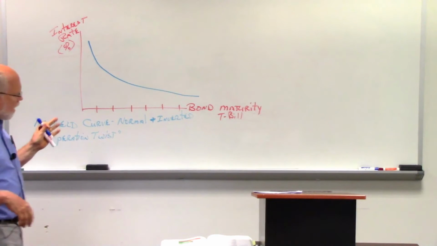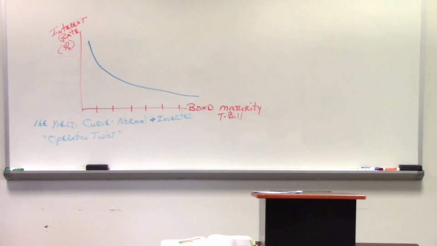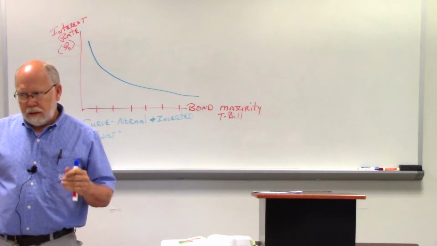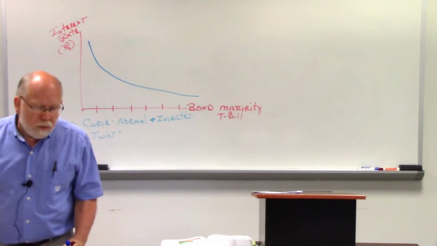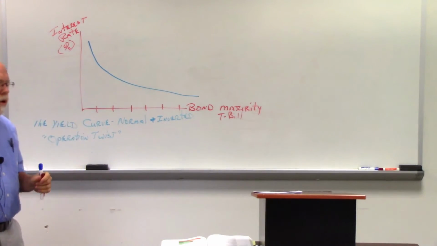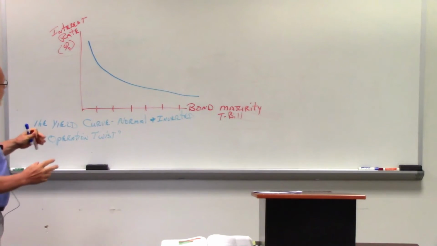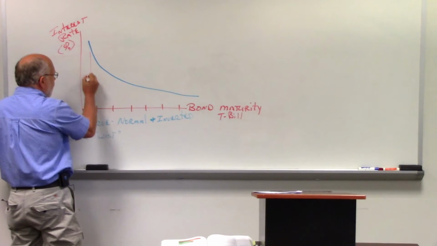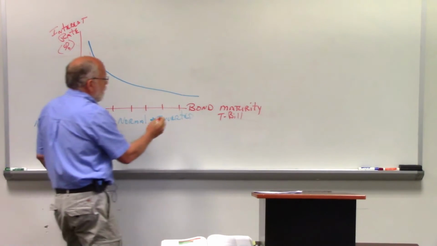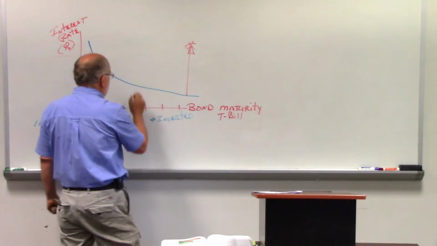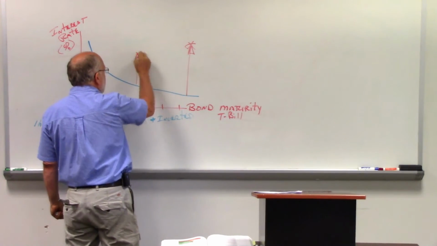Now, because that's such a classic case, because that's such an obvious indicator that the market as a whole thinks that a tsunami is coming, there's trouble coming, the Fed will come into the market and deliberately try to bring these rates down to about here and bring these rates up to about here.